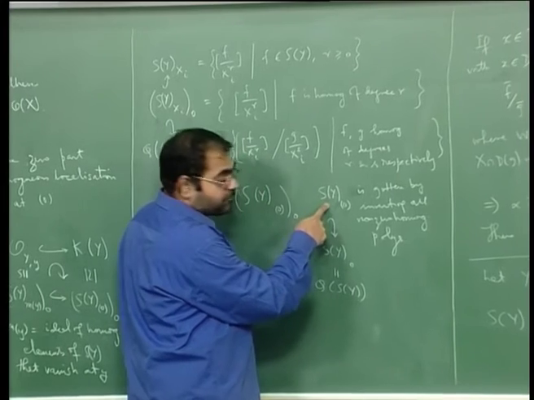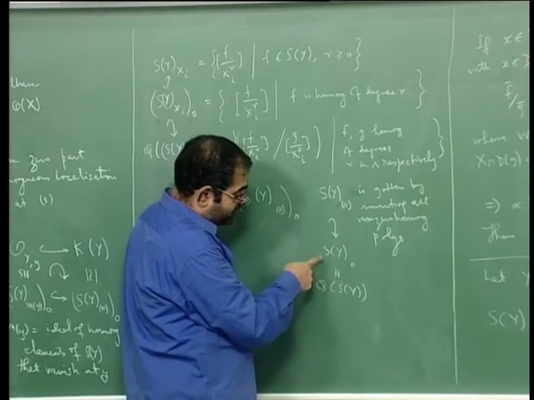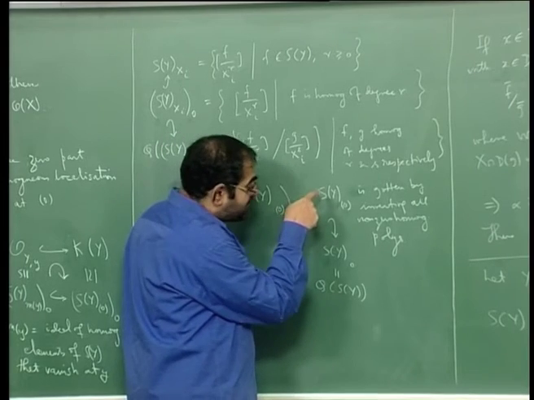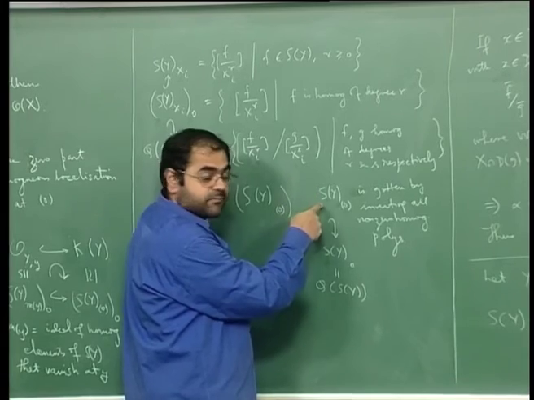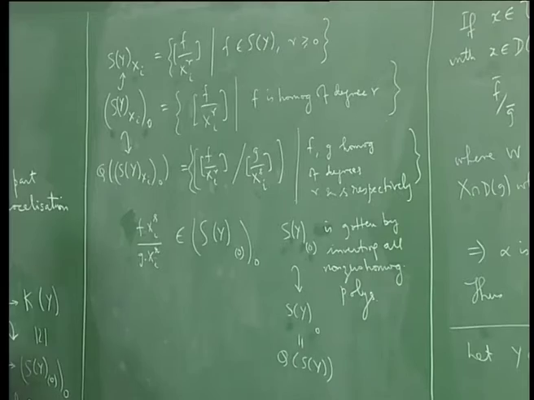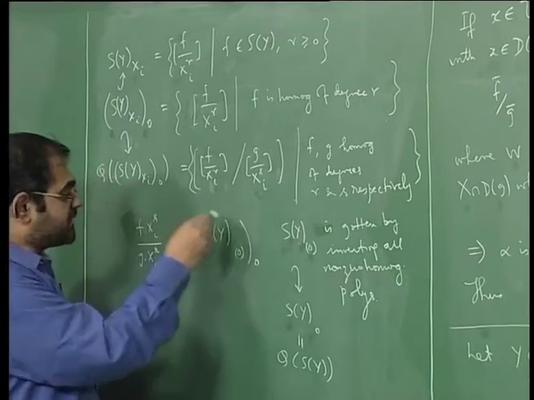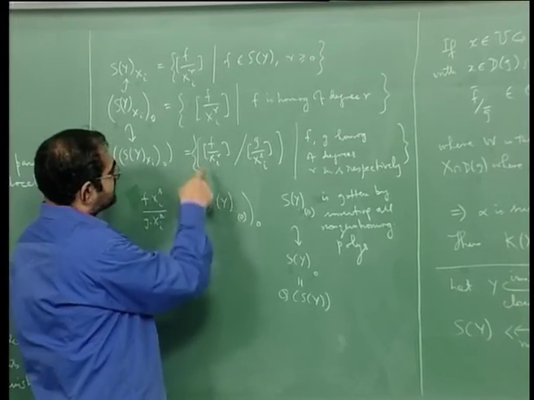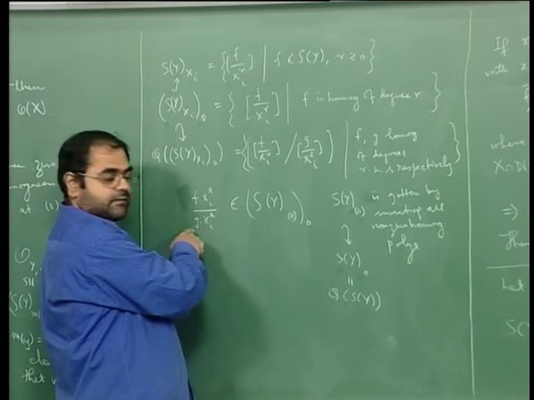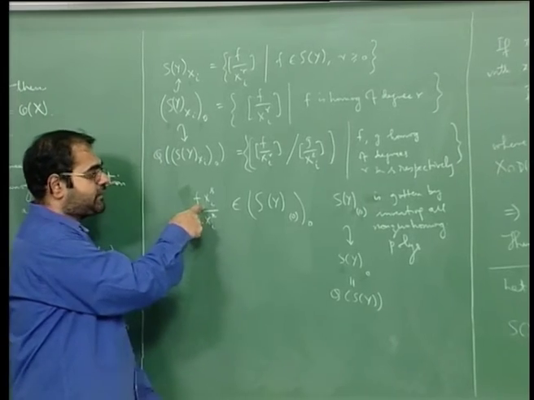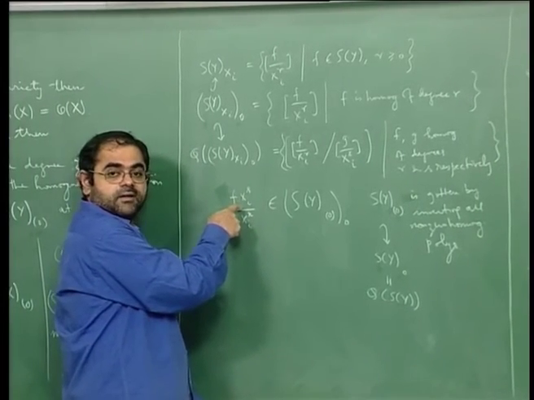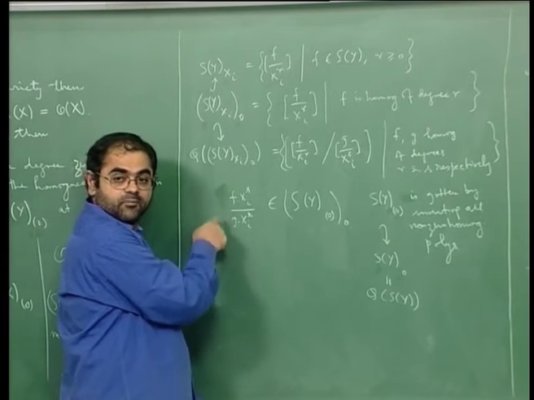So this gives you a subring of the quotient field, and it is graded because the gradation can be defined as degree of the numerator minus degree of the denominator, since the denominator consists only of non-zero homogeneous polynomials. If you take the degree 0 part, that is what this is. So this consists of exactly elements where the numerator is a homogeneous polynomial and the denominator is also a homogeneous polynomial, both of the same degree.